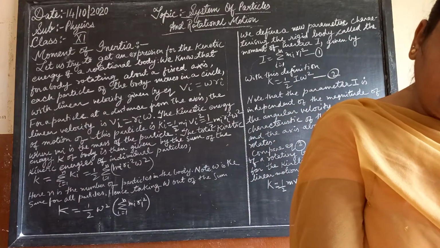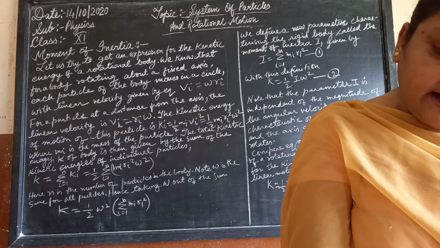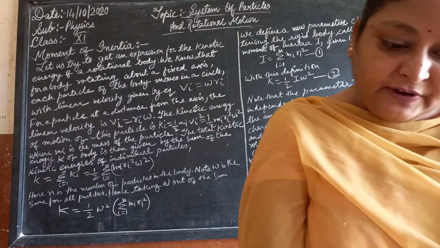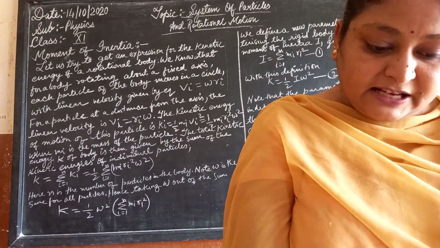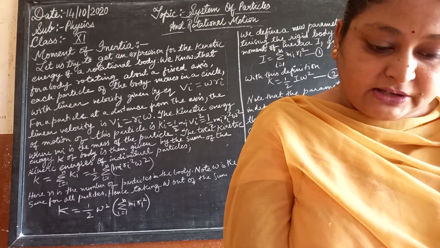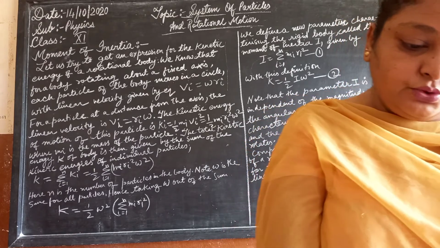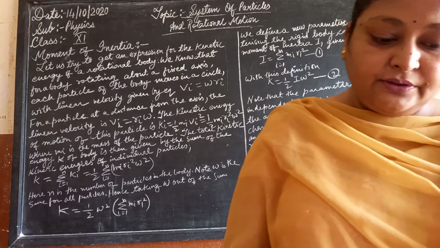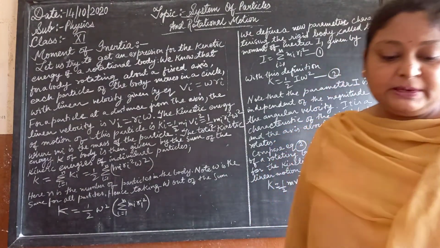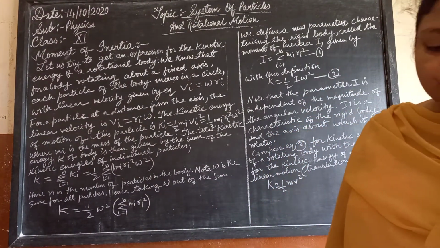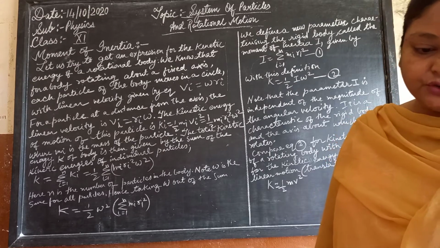It is called the radius of gyration. The radius of gyration of a body about an axis may be defined as the distance from the axis of a point mass, whose mass is equal to the mass of the whole body and whose moment of inertia is equal to the moment of inertia of the body about the axis. So please read this left out portion which I have left for you.